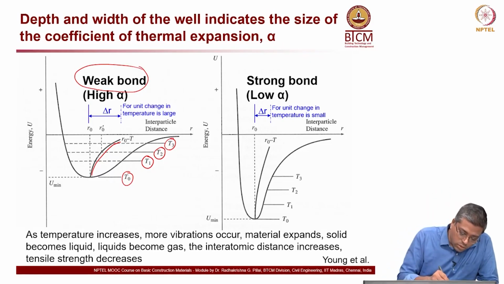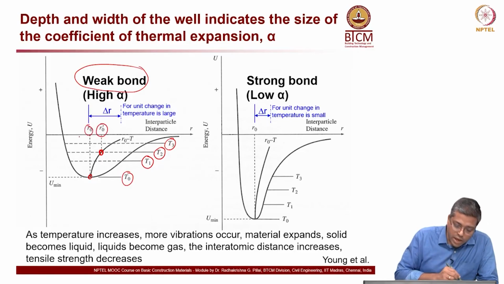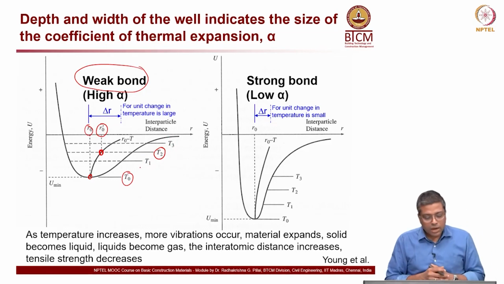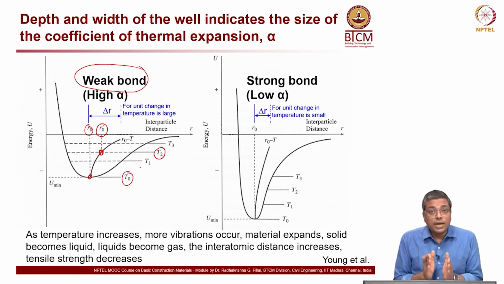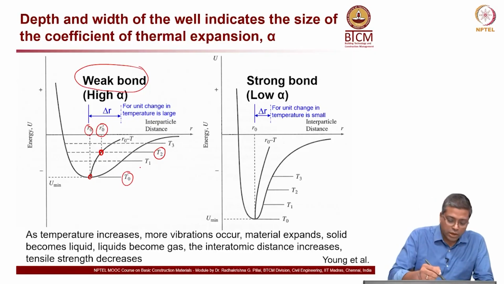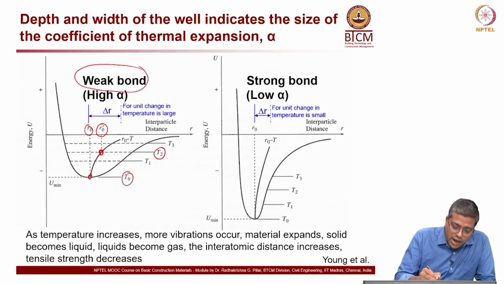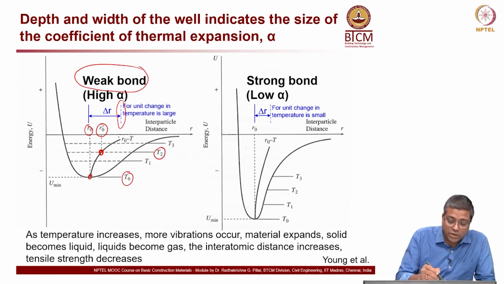Now, what you want to know from this graph is, let us say you look at this point and this point. So, we have R0 and R0 prime. R0 prime is for temperature T2 and R0 is for temperature T0. Now, if we can get that delta R, I put this dash line here so that it is not a fixed line.